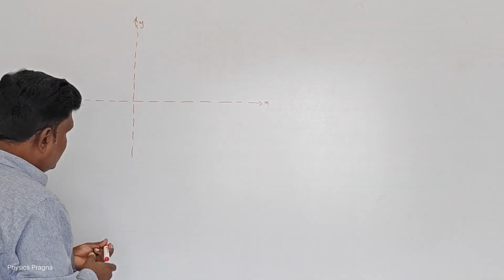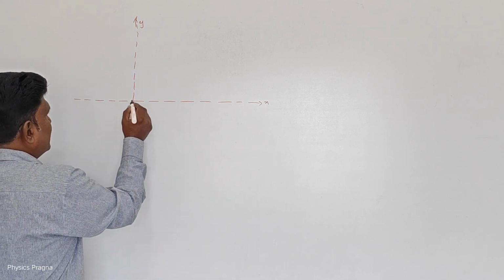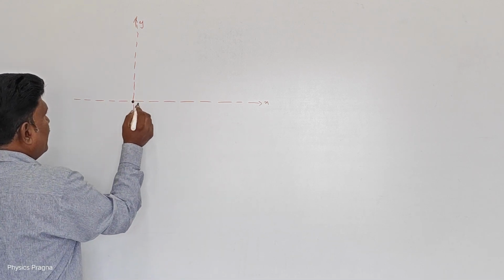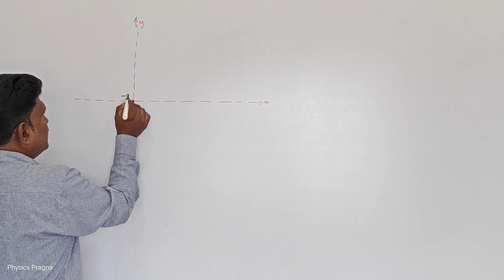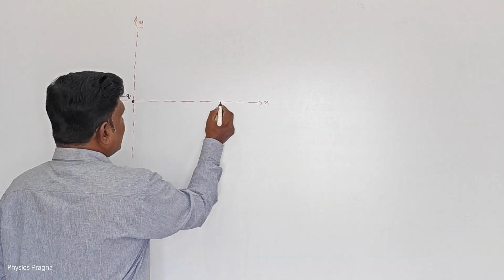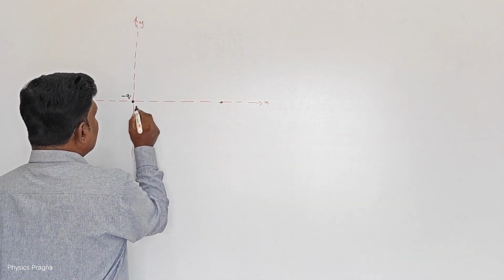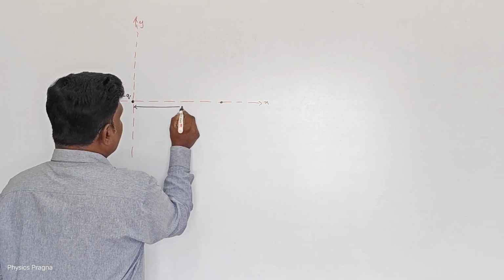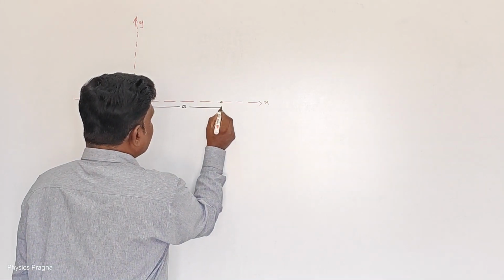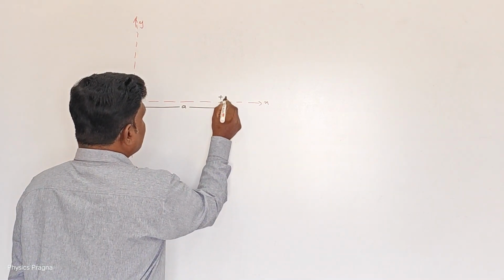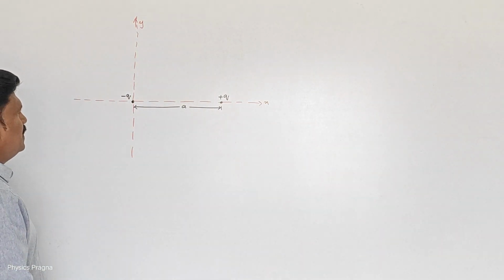At the origin, we have placed a minus q charge, and at some distance a, I have placed another charge plus q.